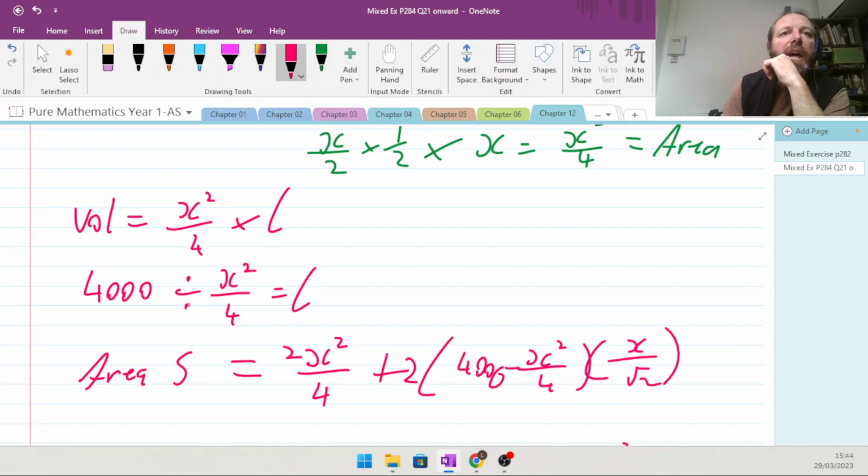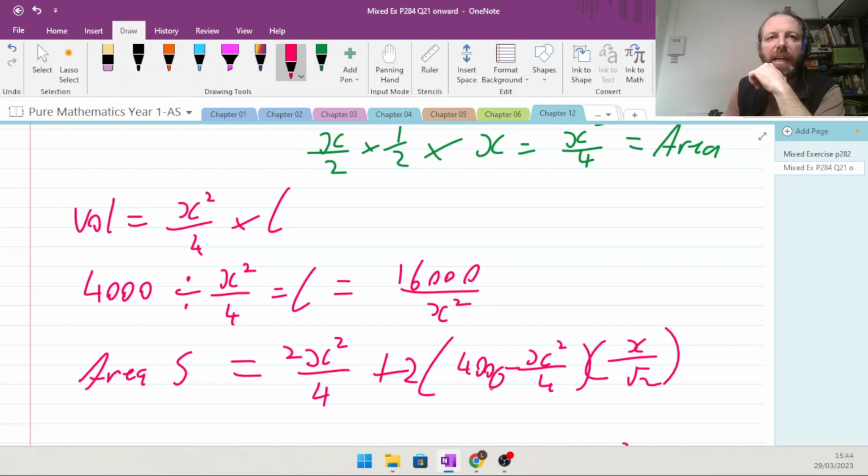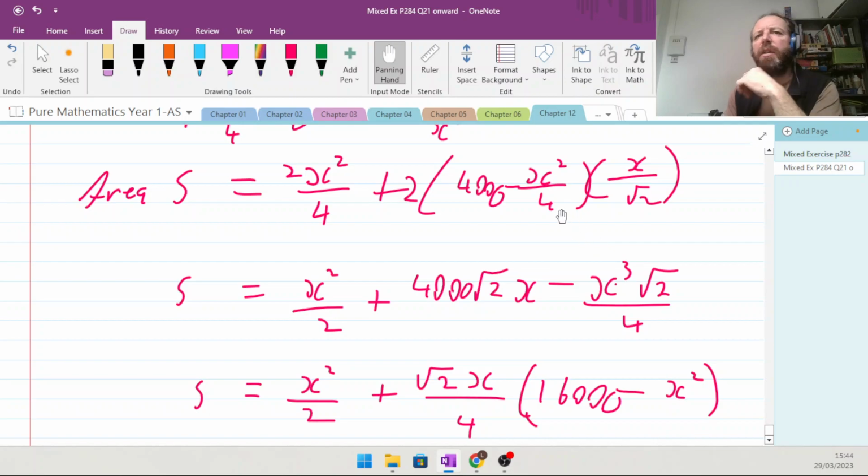Okay, and so if you're dividing by that, that means L equals 16,000 over x squared, like that, which is a completely different number to what we have going on in here, which is why it's not working ultimately.